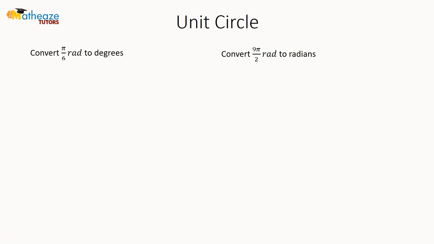Now let's look at how we can convert from radians to degrees. So we start with our expression: 2 pi radians is equal to 360 degrees. 1 radian is equal to 360 degrees divided by 2 pi.